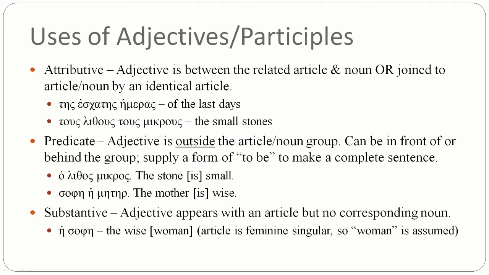Then the second example here, tous lithous tous mikrous, is also an attributive position. Notice that the adjective is outside of that grouping. However, you have the identical article stated again, tous lithous tous mikrous. That second tous pulls the mikrous into that article-noun grouping and therefore makes it attributive: the small stones.